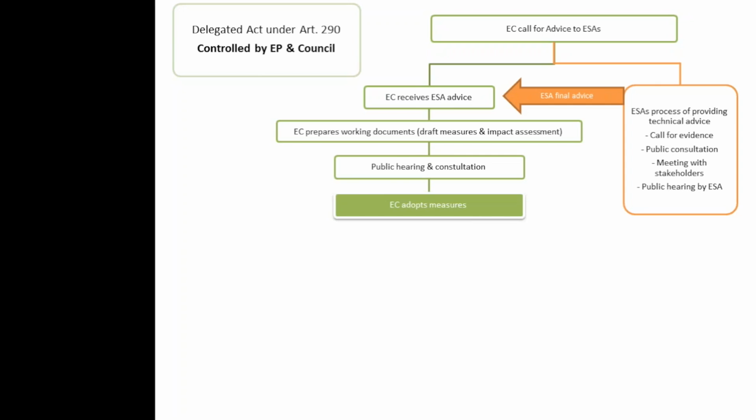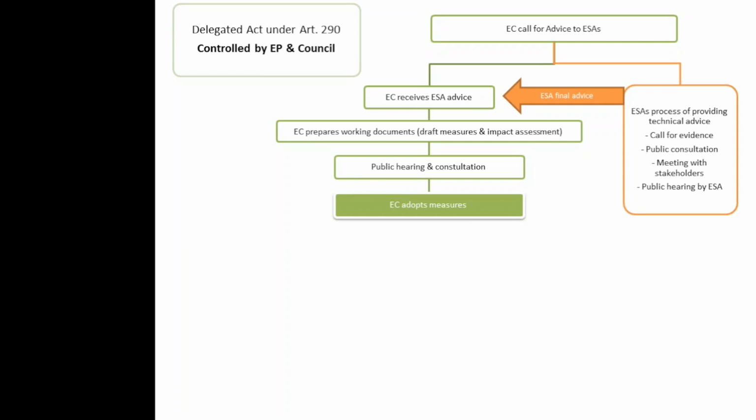This is very important if we are thinking about lobbying, because that's when we have to influence. You have to try to influence the technical advice that is being drafted, because that advice later feeds the thinking of the Commission. So it's the best point to start on what you actually would like to achieve by the advice.